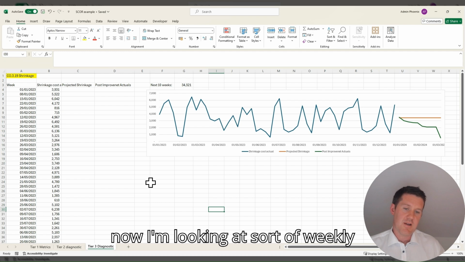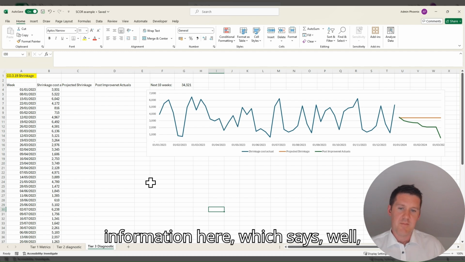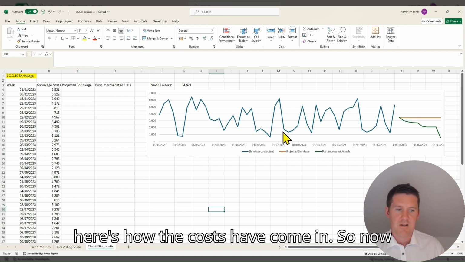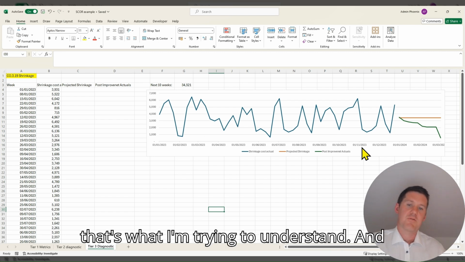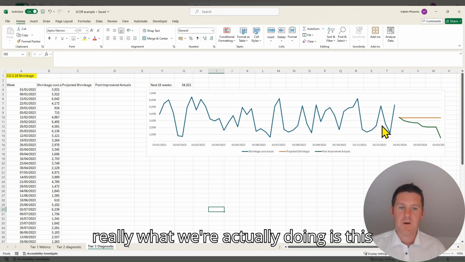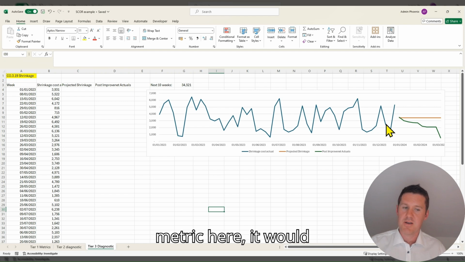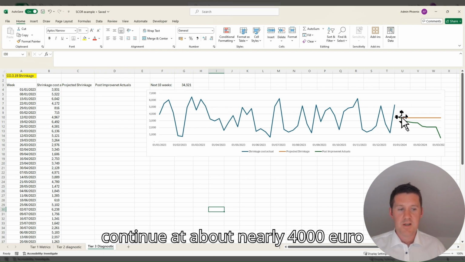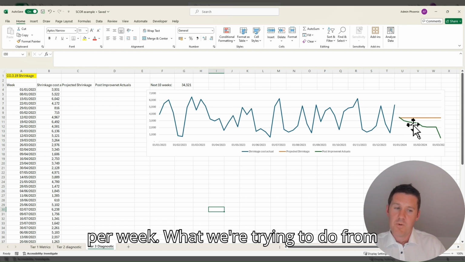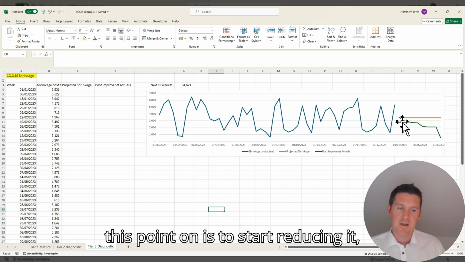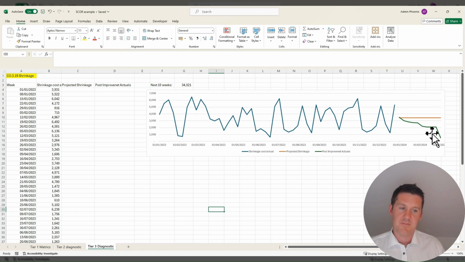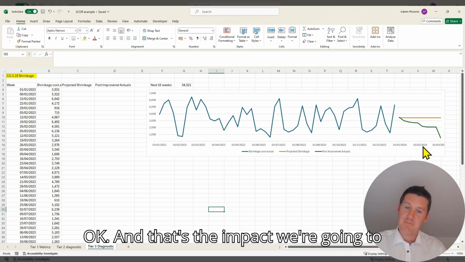And now I'm looking at weekly information here, which says, well, here's how the costs have come in. So now that's what I'm trying to understand. And really what we're actually doing is this metric here would continue at nearly €4,000 per week. What we're trying to do from this point on is to start reducing it. Okay. And that's the impact we're going to see.